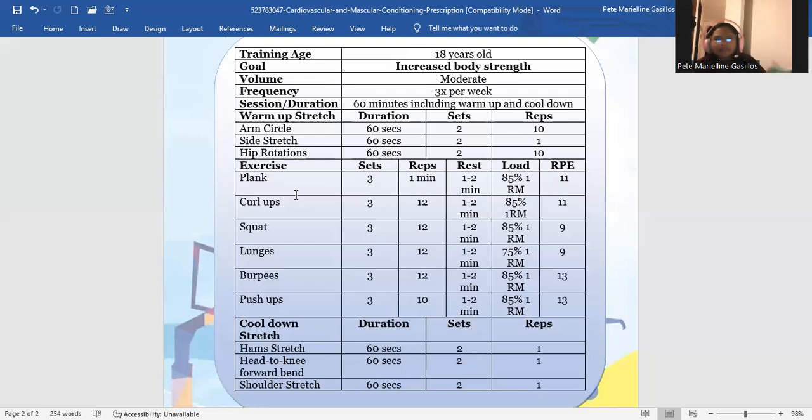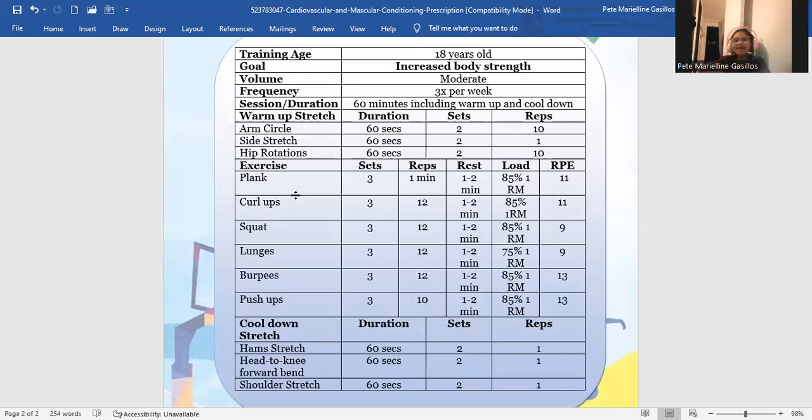So curl ups, I decided also for 3 sets, 12 reps, and my rest is approximately 1 to 2 minutes. My load and the RPE are the same as the first exercise. Next is the squat.